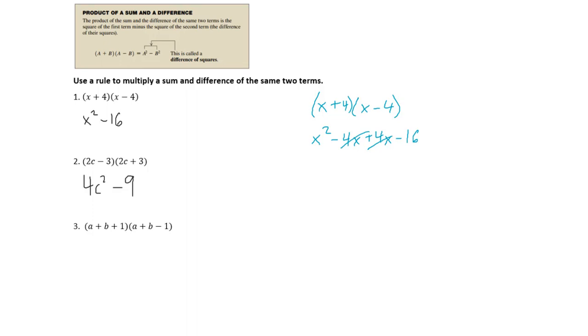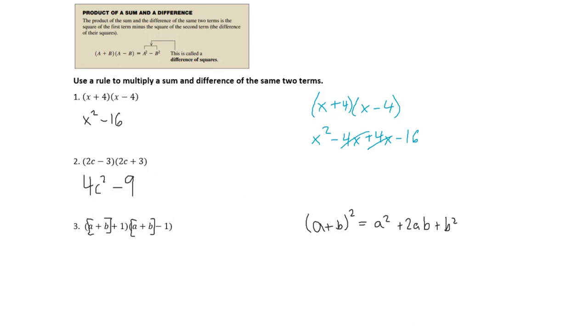Now this one looks a little bit different, but you have a plus b here, plus 1, and you have a plus b and a minus 1. So we know that a plus b squared is equal to a squared plus 2ab plus b squared.